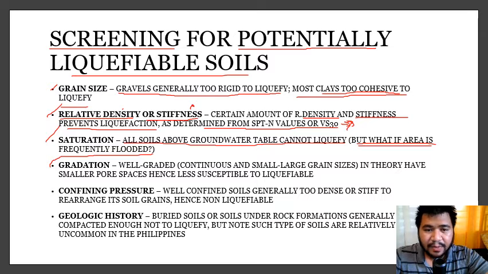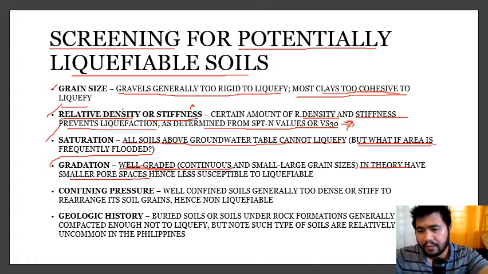Gradation: this is basically the sizes of your soil grains. Well graded in engineering convention means you have a good representation of all the grain sizes from small and medium to large, and they are continuous in distribution. In theory, this means that your soil has smaller spaces.